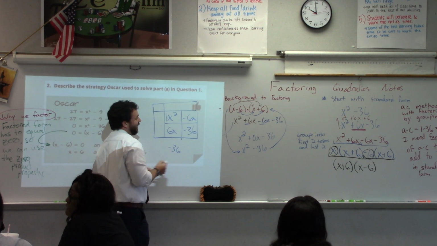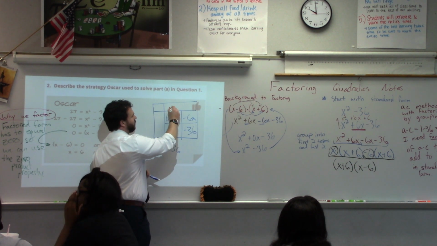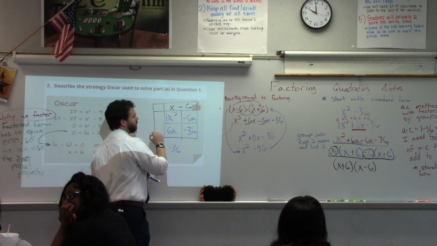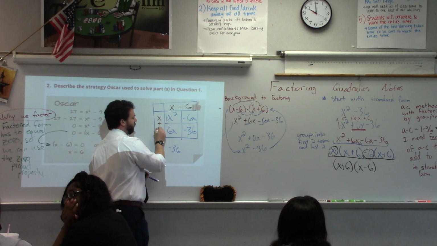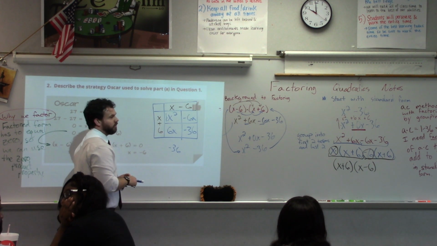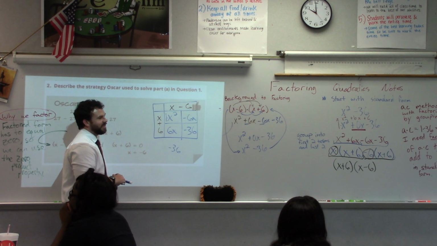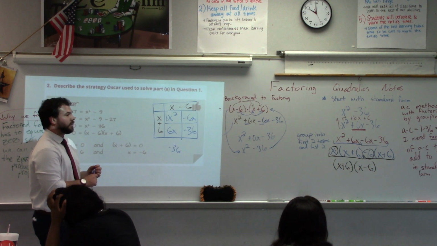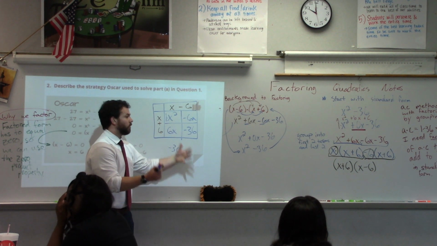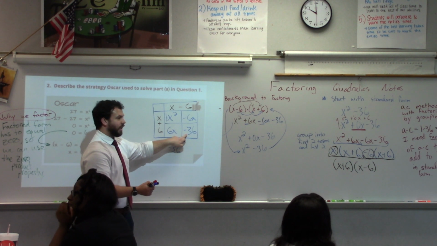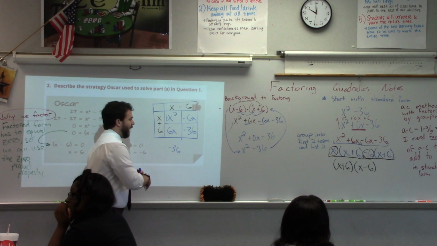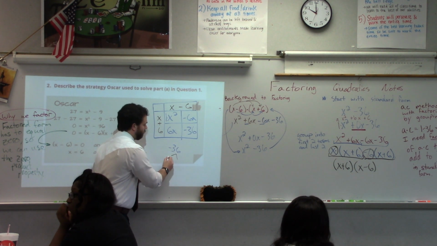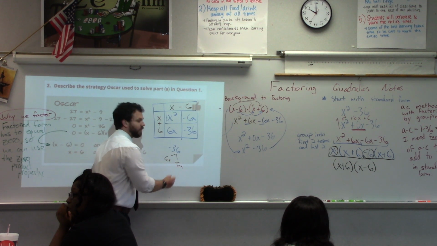So as I said, you can do this. And so this would be x and minus 6, and this would be x and plus 6. Same exact answer. It's your choice. That one does work out well. Notice it is the same AC method, I just went through it quicker. A times C is negative 36, boom. Factors that add up to be the middle term, 6x and negative 6x.